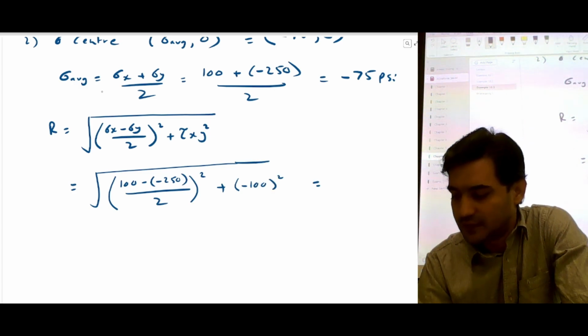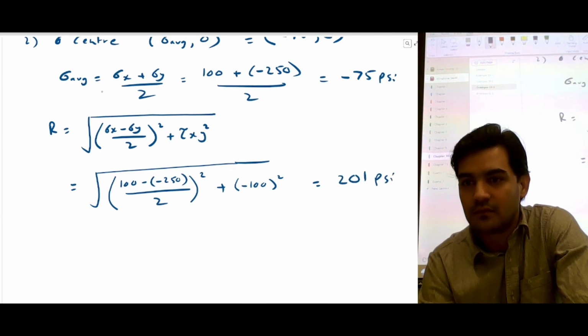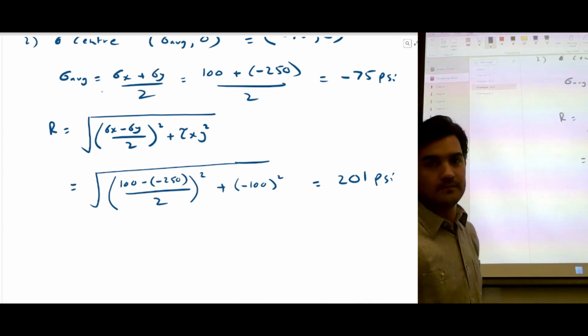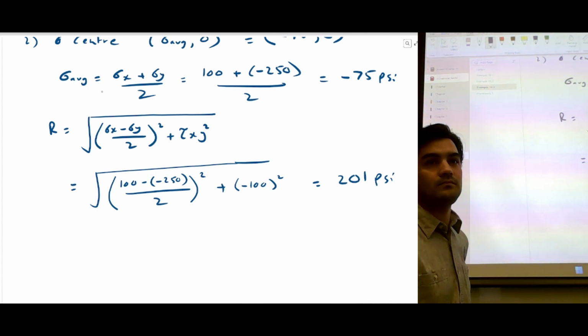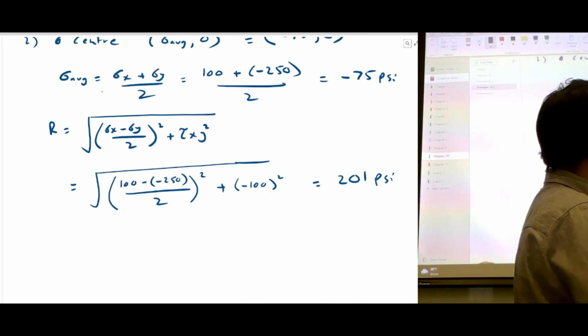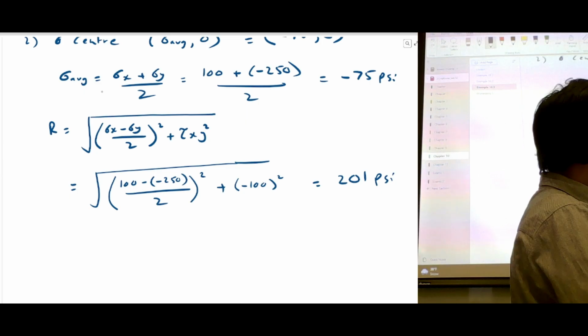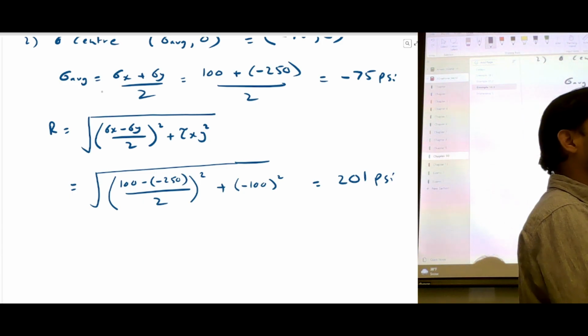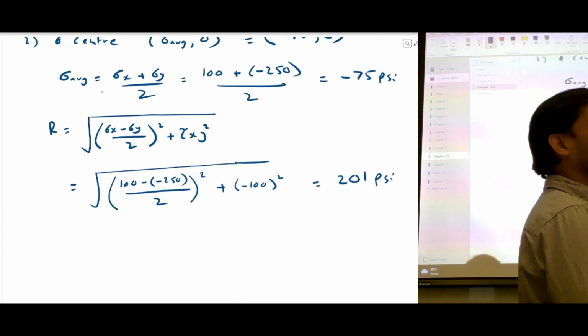If you solve this, you're going to get 201 psi. It's going to be the same as the maximum shear stress. Yes, always, for every stress element. And we're going to see this when we draw this here.